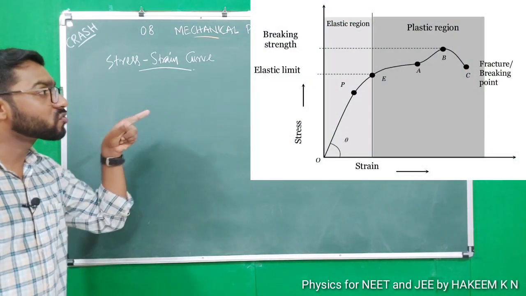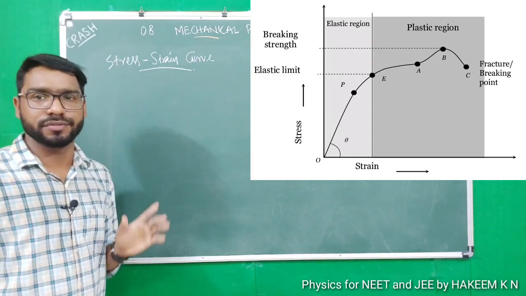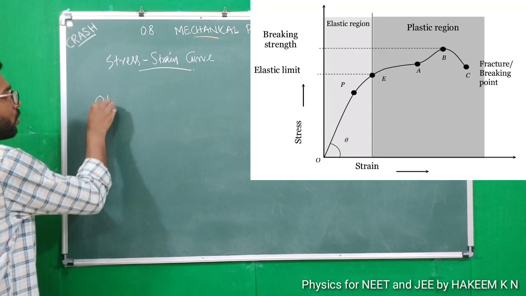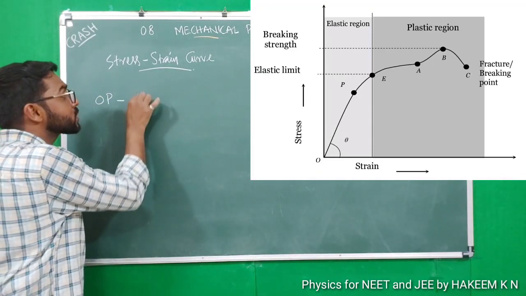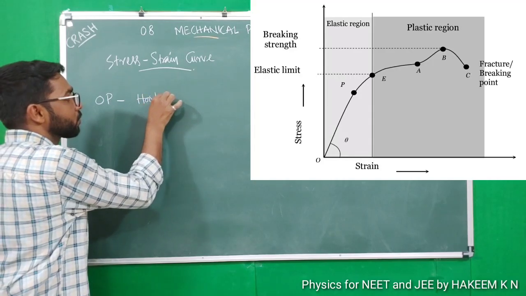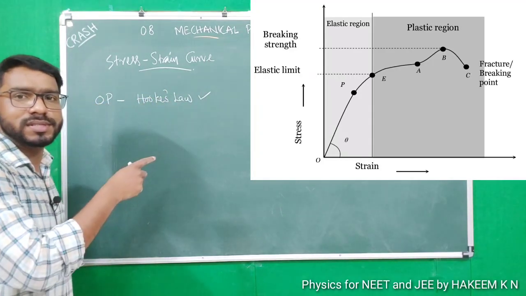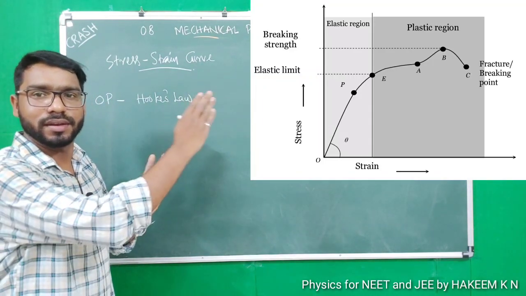Here you can see the stress strain graph. This is the actual shape of the graph. You can see a region there, OP. The OP region is the region where Hooke's law is obeyed, because stress is proportional to strain, a straight line.